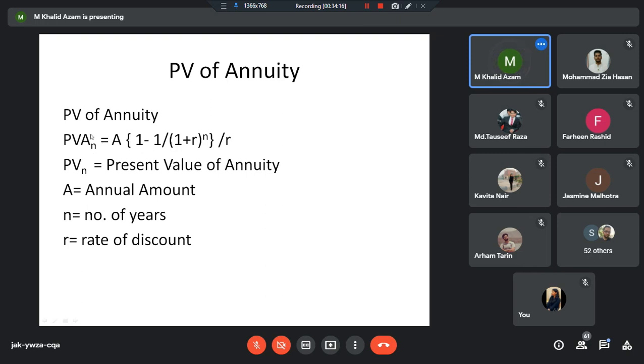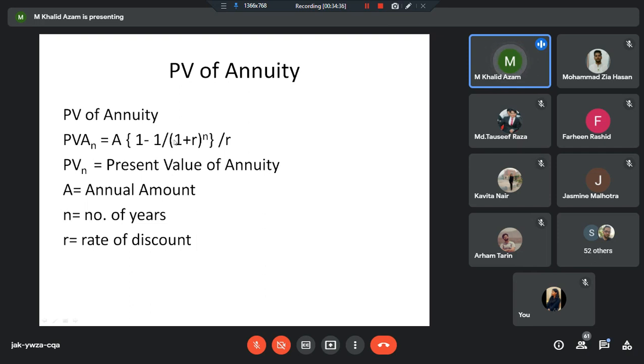And what is the formula? A multiplied by 1 minus 1 divided by 1 plus r to the power n. This 1 divided by 1 plus r to the power n we have already considered in the discounting of a single amount.